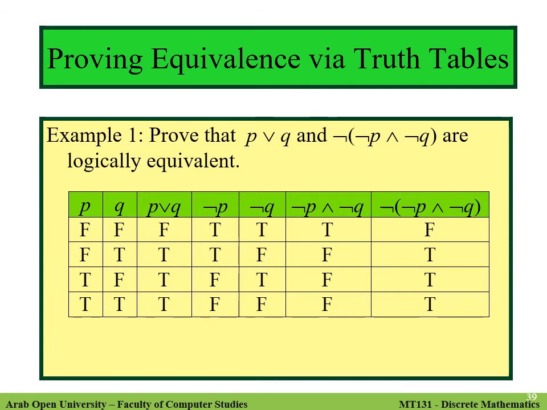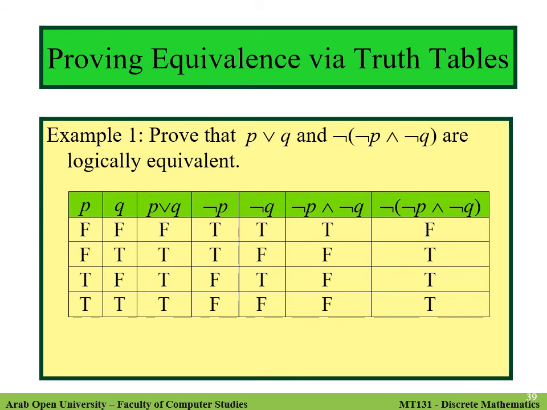We already used a truth table to prove equivalence relations. You can also use logic laws to prove the equivalence of two statements. We will do this for these two statements. We will prove that they're equivalent using a table and also using logic laws.